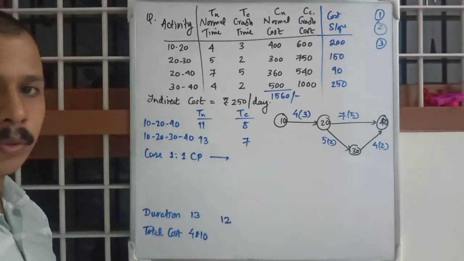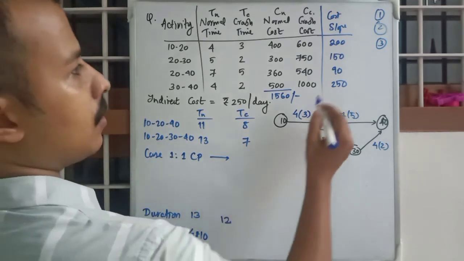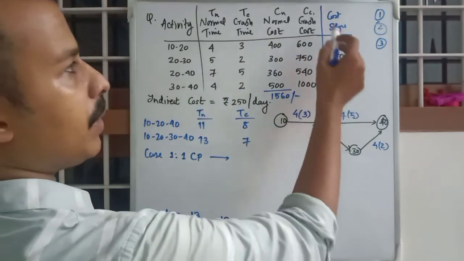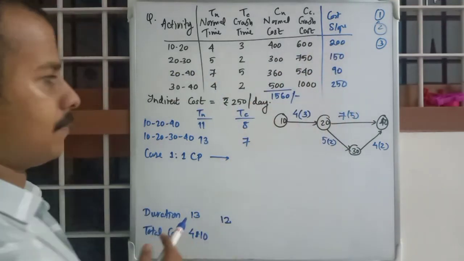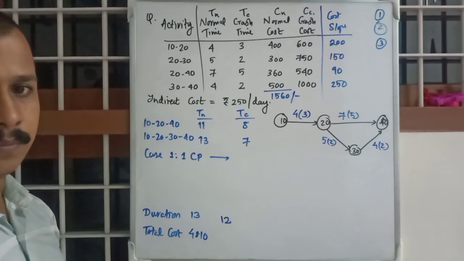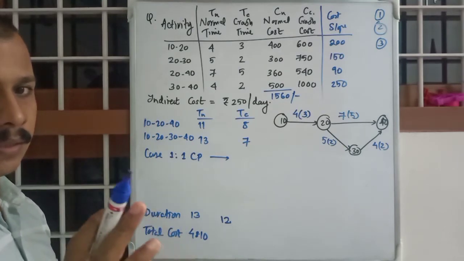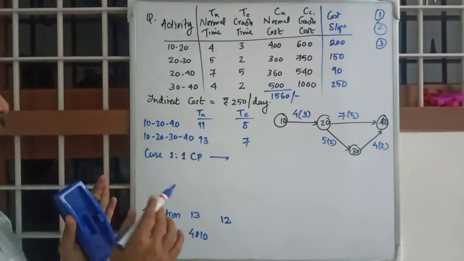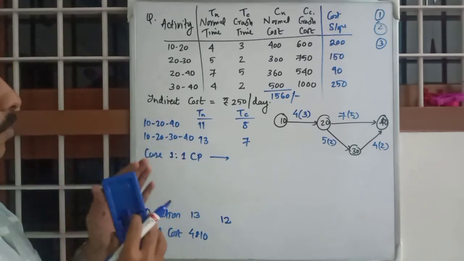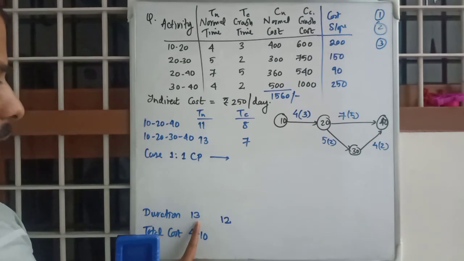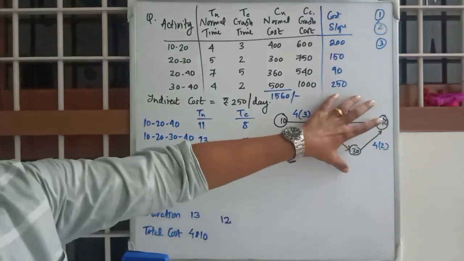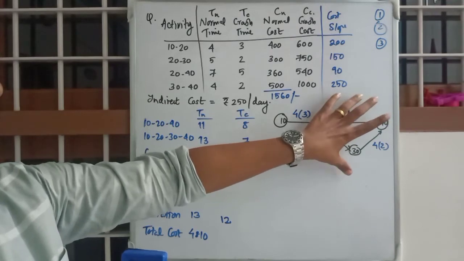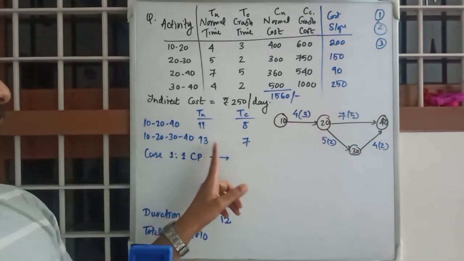If there is only one critical path, then we know what to do. Take the activity corresponding to the minimum cost slope in that path. Okay, so we will take this example. Right now we want to reduce 13 to 12. The total duration is 13 days. We want to make it 12.